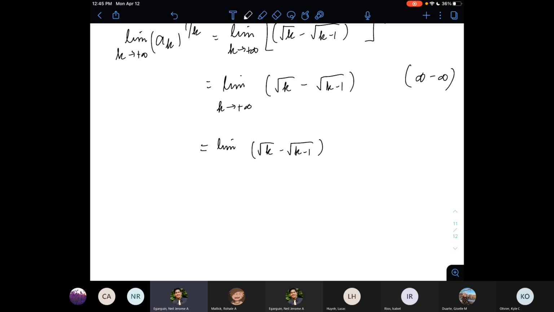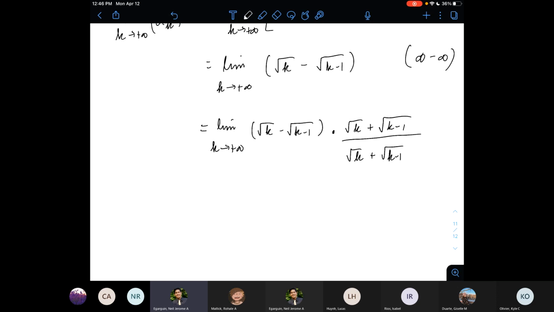So, okay, it seems nobody remembers, or you're just shy to answer. But for these cases, what we did is to multiply by the conjugate over the conjugate, right? So here I'm going to multiply it by root k plus root of k minus 1 all over root k plus root of k minus 1 as k approaches infinity, right? So this is valid because what I'm multiplying the given expression with is equal to 1. It won't change the expression, but it will give me a better form.